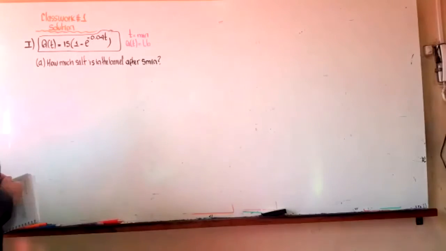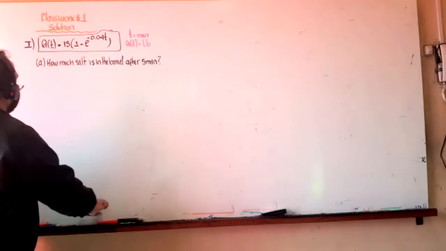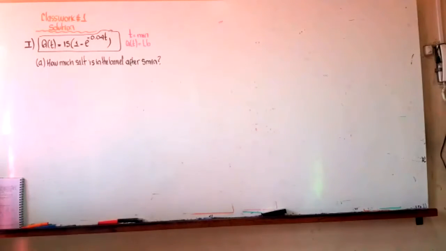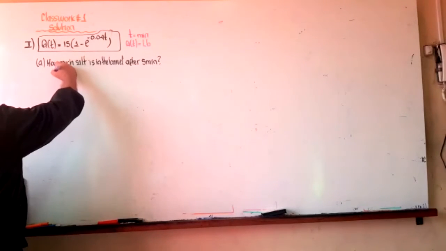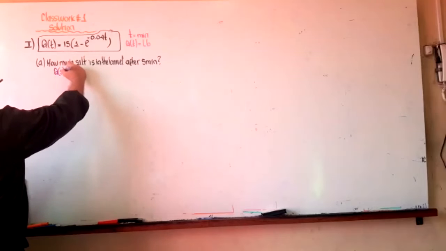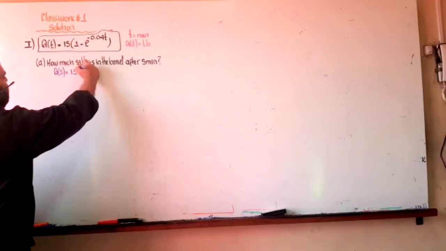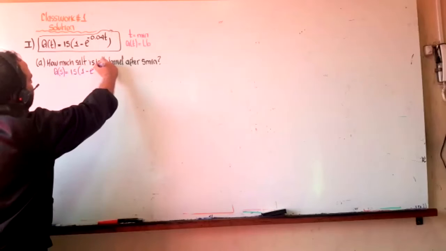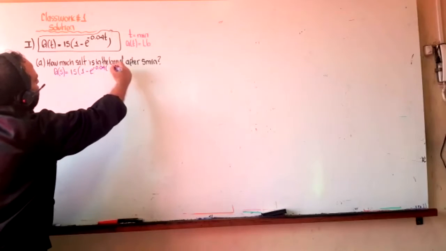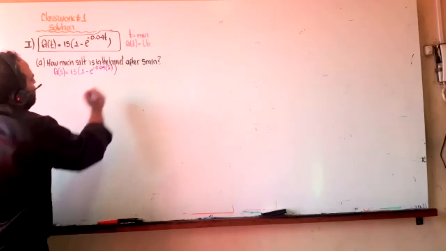After 5 minutes. So what are you going to do? It's simple. I'm going to copy the model, and the only thing I have to do is substitute the letter t by 5. So we're going to evaluate Q(5) equals 15(1 minus e to the negative 0.04 multiplied by 5).